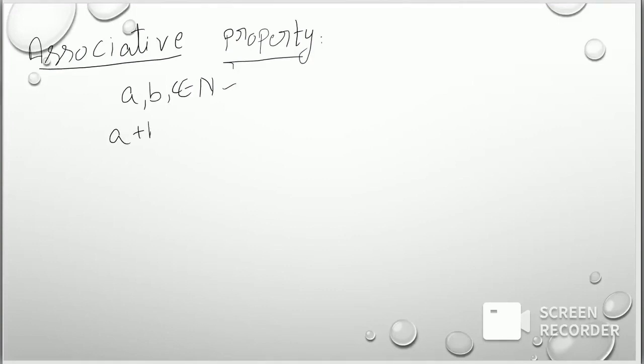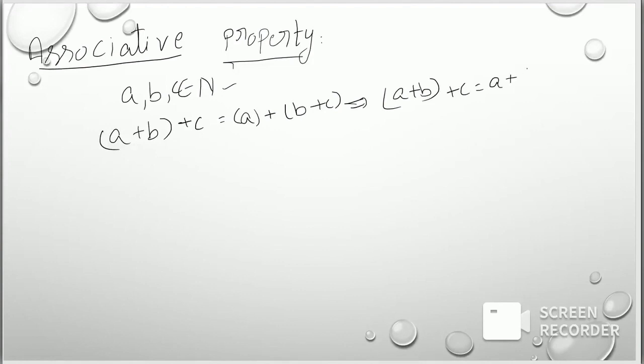Then a plus b plus c is equal to a plus of b plus c. If this equation is satisfied for any three natural numbers, then we say that the associative property is satisfied.